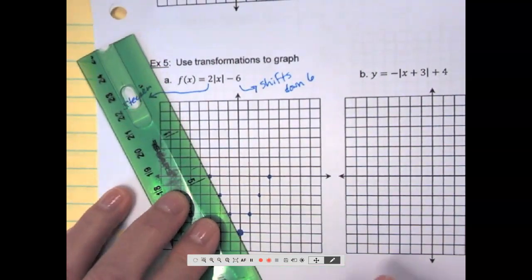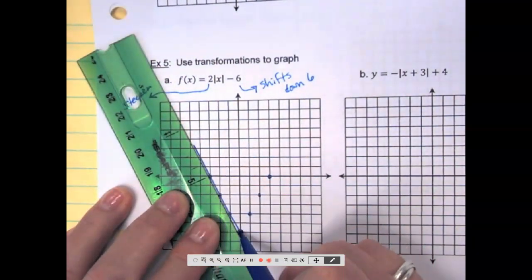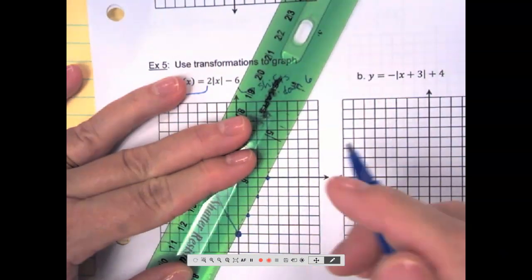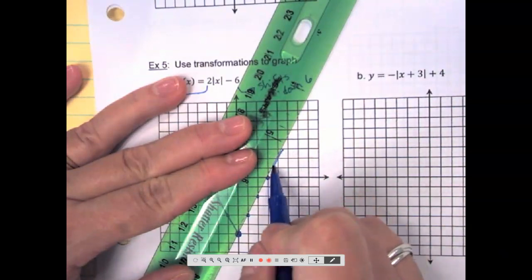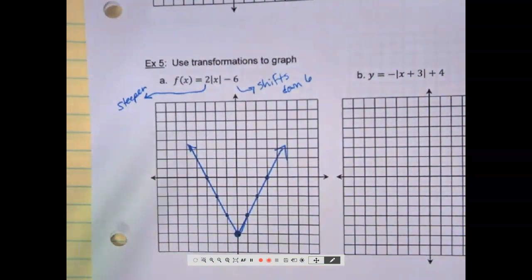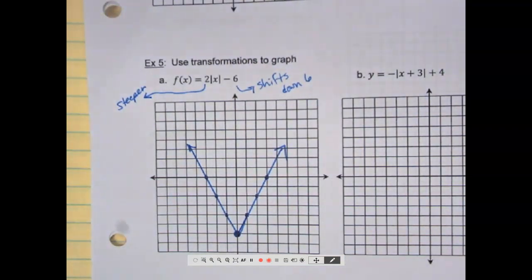And that is my changed or transformed or translated V that went down 6 and is a little bit steeper. Any question on that?